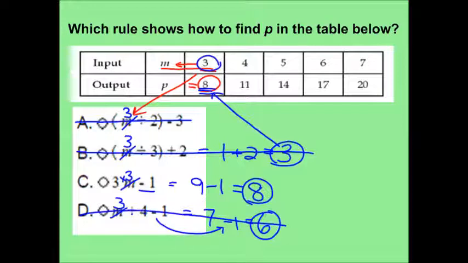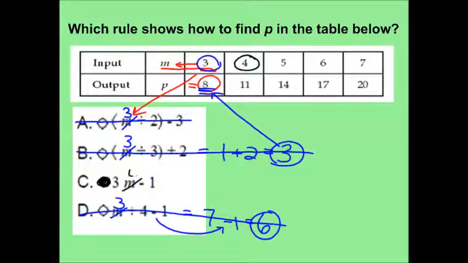The best thing to do from here, though, is to look one more time and see if it works with another number in the table. So let's take C, which we think is our answer. I'm going to select it. But now I'm going to look at plugging in a different number. I'm going to erase the work I did, which on your paper you would just work out next to it a different way. I'm going to choose the next one up, which is 4.